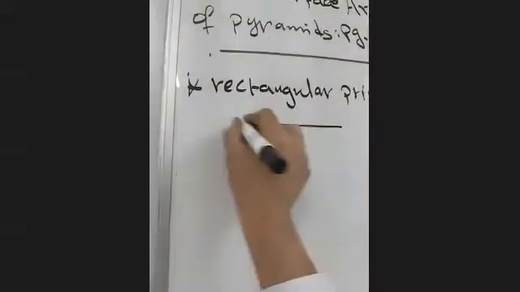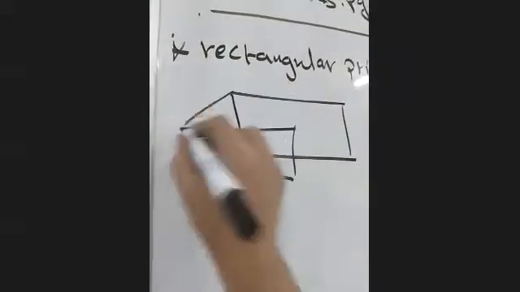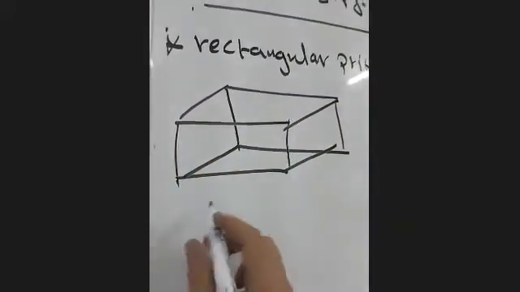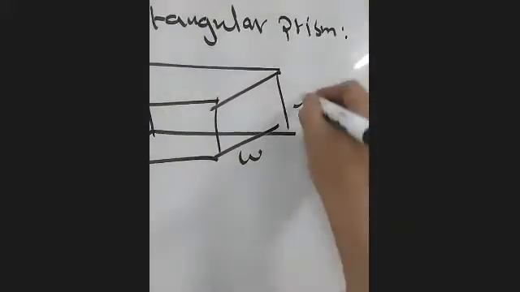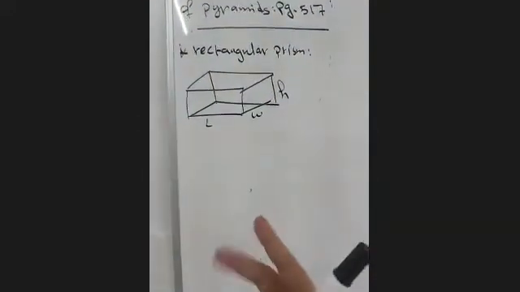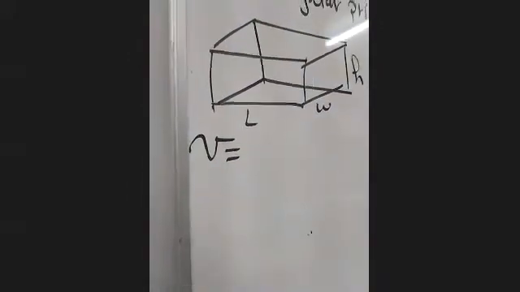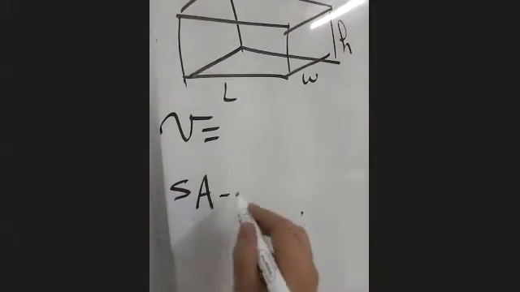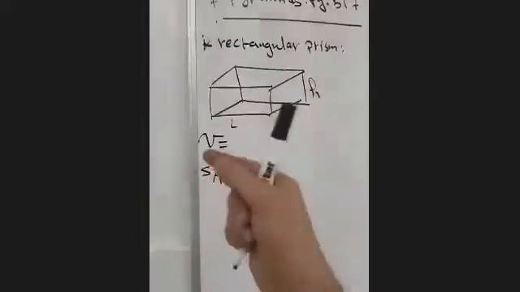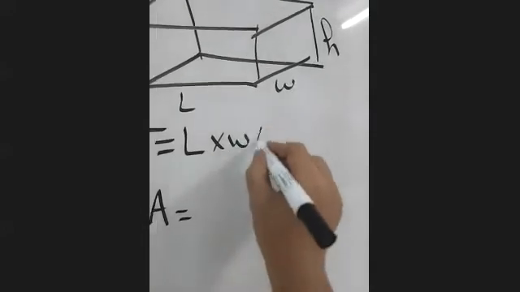In the rectangular prism, guys, we have 6 rectangles, 6 faces. And the rectangular prism has length, width, and height. It has 2 formulas, a formula for the volume and a formula for the surface area. The volume is length multiply width multiply height.